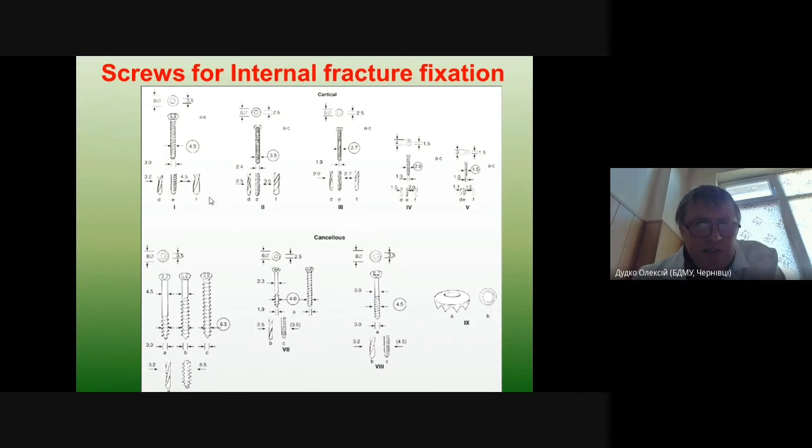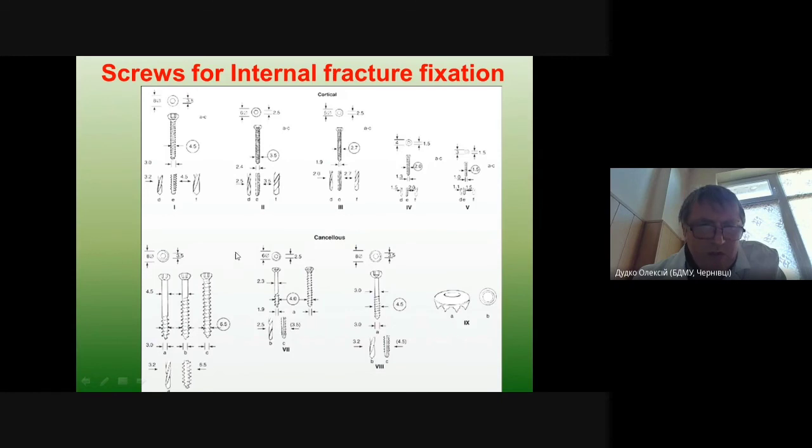You can see that screws may be cortical screws and spongy bone screws. Cortical screws have a tiny thread, and spongy bone screws have a bigger thread and better purchase in the soft tissue. Also, we have inner diameter and outer diameter.